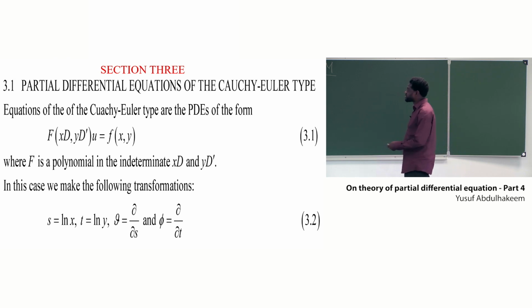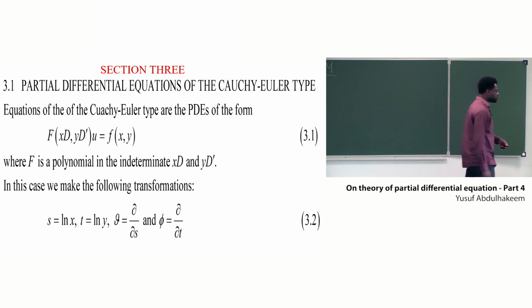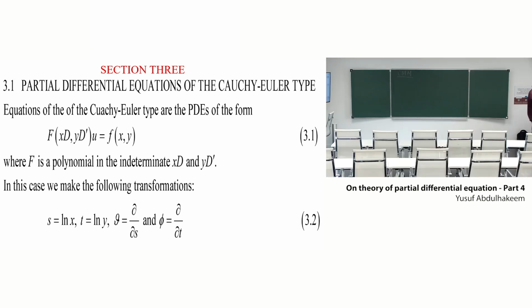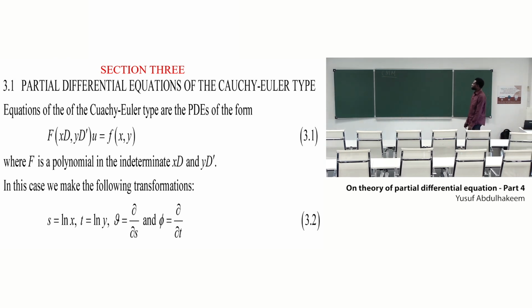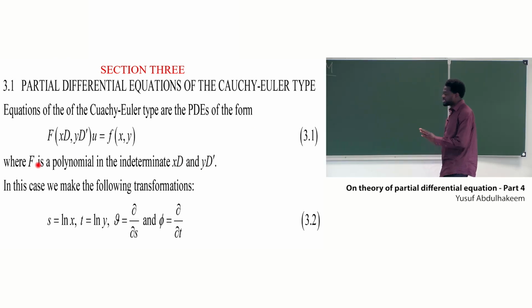Then we move on to section 3. Here in section 3, we talk about partial differential equations of the Cauchy-Euler type. Equations of the Cauchy-Euler type are PDEs of this form. Here, we talk about transformation a lot.